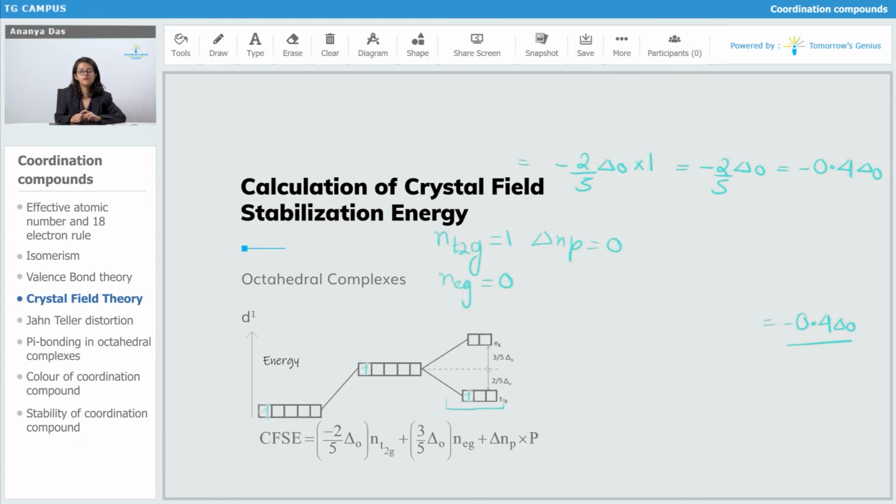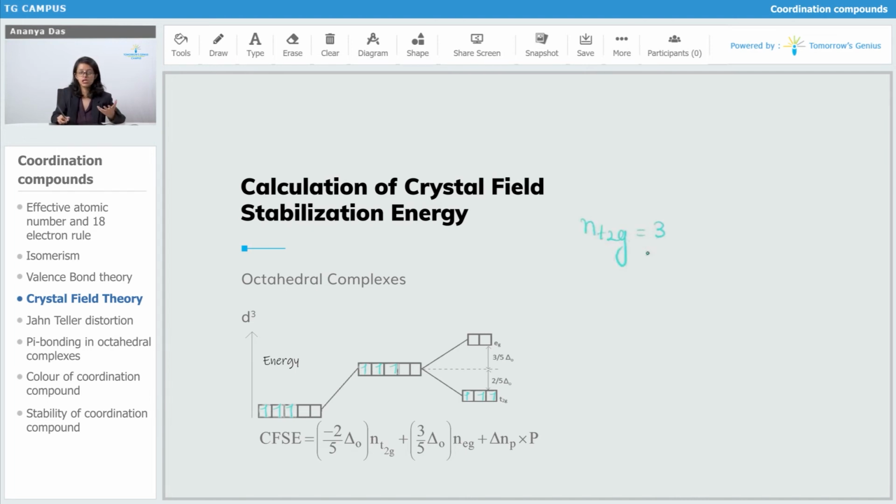Similarly, we can find it for d2 as well as d3. d2 is the same thing. Now let's go to d3. In the case of d3, there are 3 electrons. These 3 electrons jump up and come to T2g, so T2g is now fully half filled. So N T2g is equal to 3. There are still no electrons in Eg, so N Eg is 0. And still there are no paired electrons.